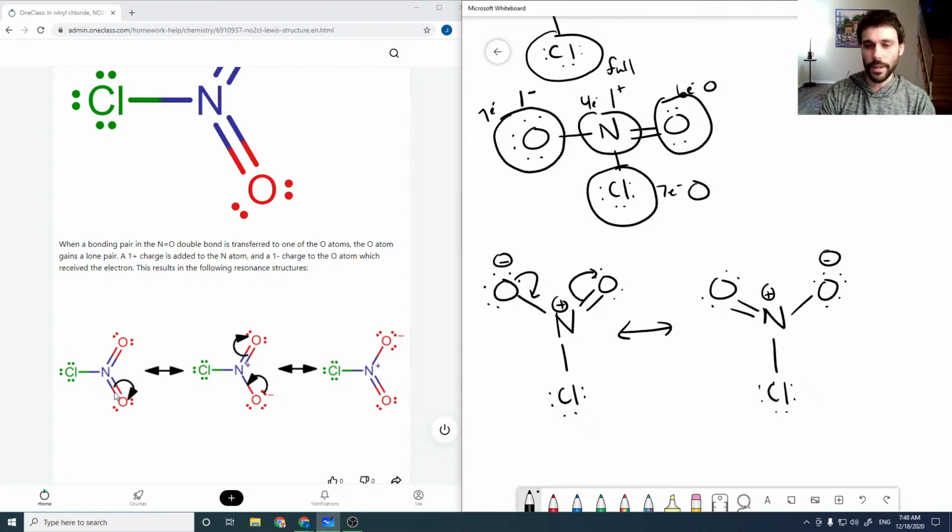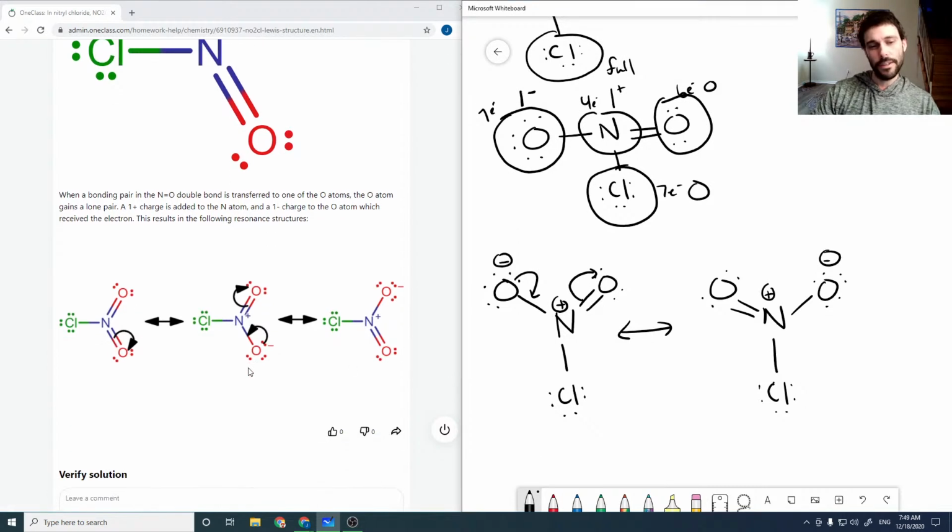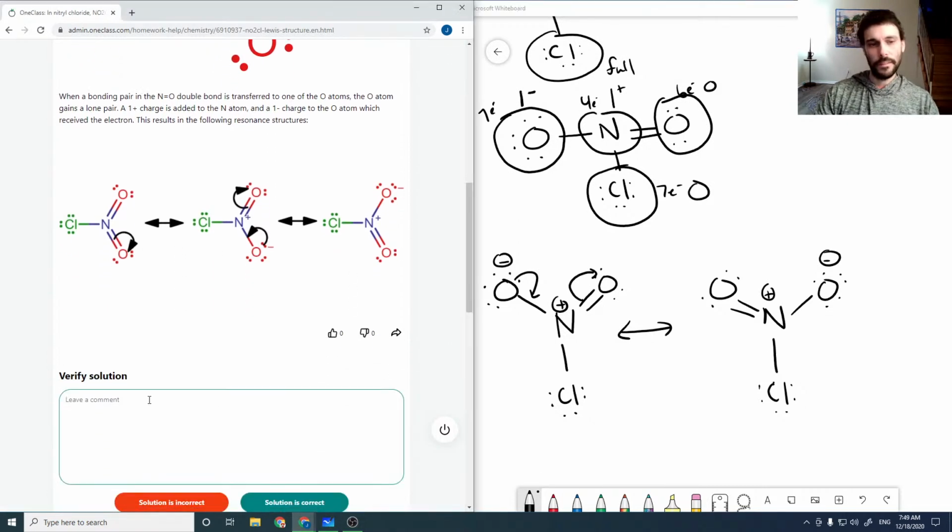For the species beyond nitrogen, it's fine, but I would say nitrogen wouldn't be too happy with it. So I think I'm happy with the 2 that I've drawn, but I guess technically that one is a resonance structure, but I would go with the 2 I've drawn. So that's it, the solution is correct. 5 bonds to nitrogen is a little far-fetched.